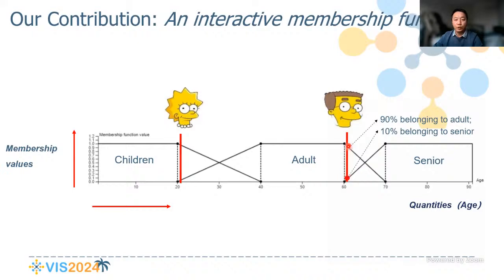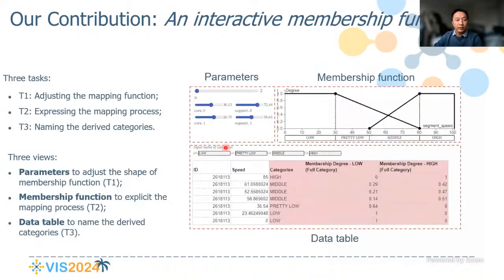We give them two membership values to express how confident that it belongs to the different categories. It has 90% confidence that it belongs to adult and only 10% confidence belonging to the senior. It is our idea, and we developed an interactive membership function.